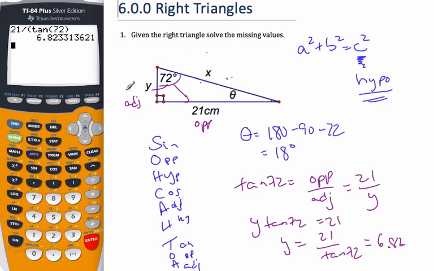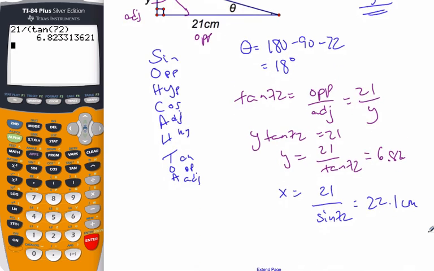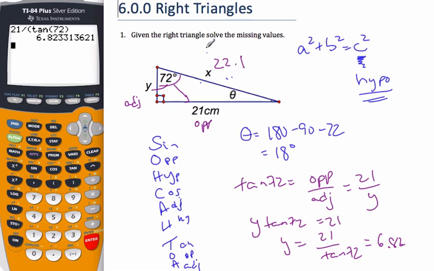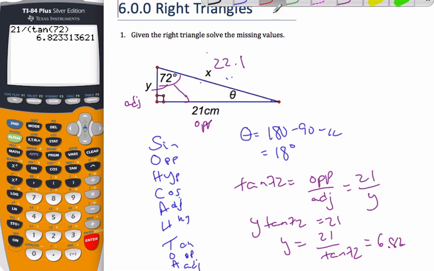So another way I could have done it, if I know this is 22.1, is that what we had said? Yes. 22.1, I could have also used the Pythagorean theorem for this. I could have said that y squared plus 21 squared is equal to 22.1 squared.